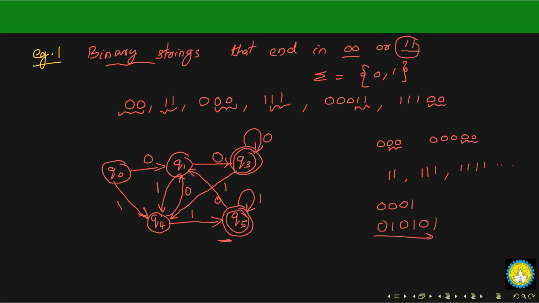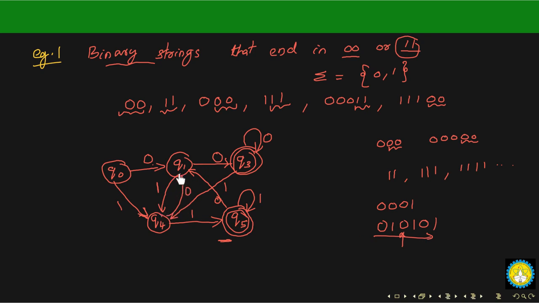Now we are again getting a 0, so we'll go back to Q1. From Q4, upon getting a 0, we go back to Q1. From here again you have a 1, so we come back to Q4, and again you have a 0, so we go back to Q1.